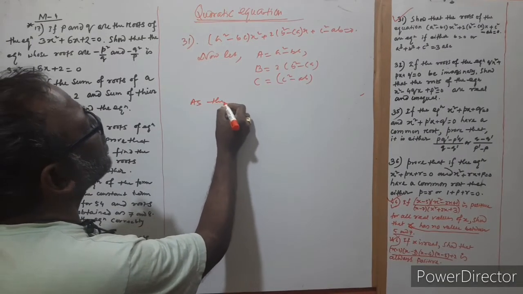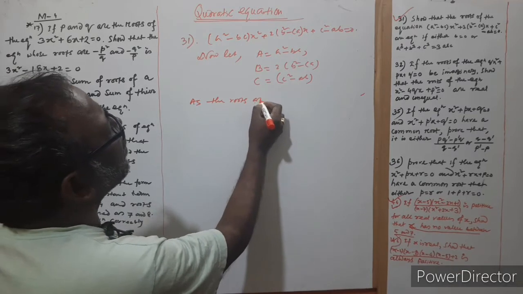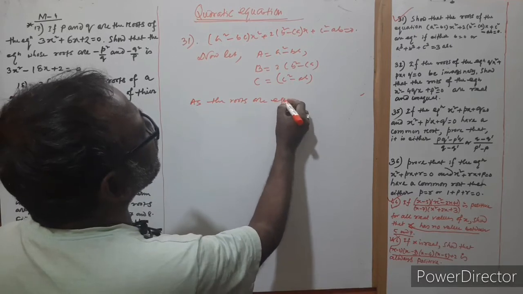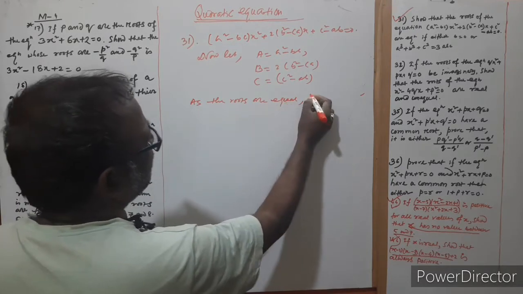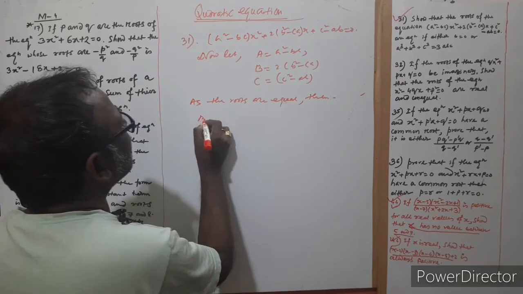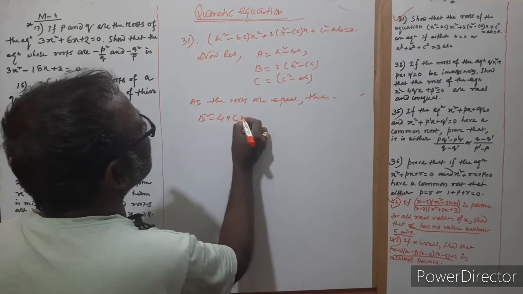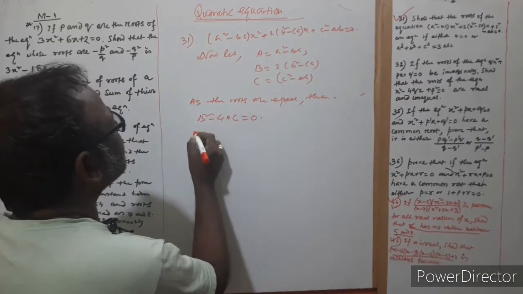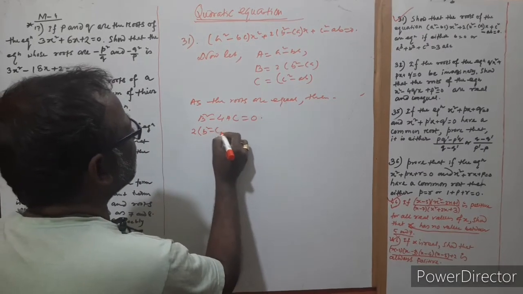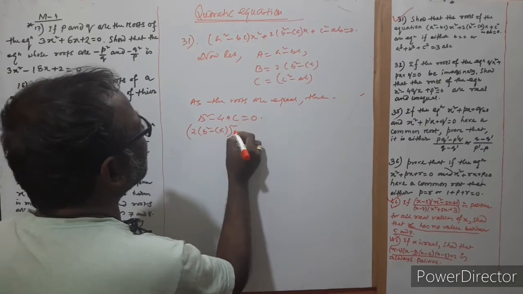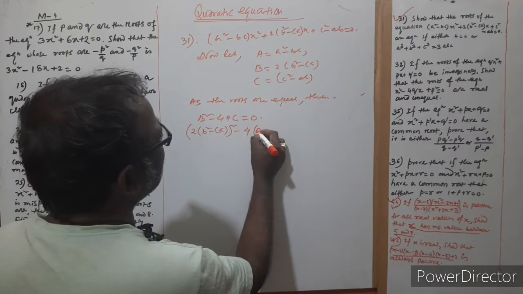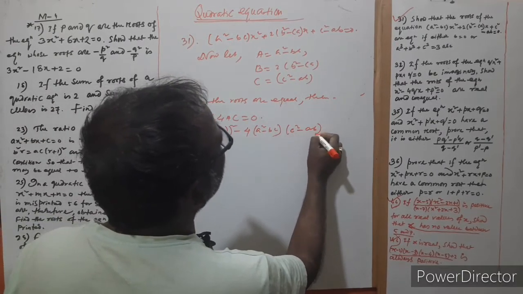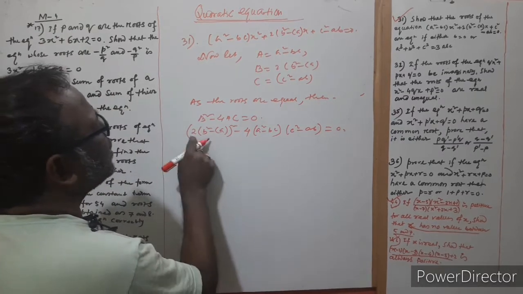Now, as the roots are equal, then b square minus 4ac equal to 0 here. The 4 and 4 cancel.